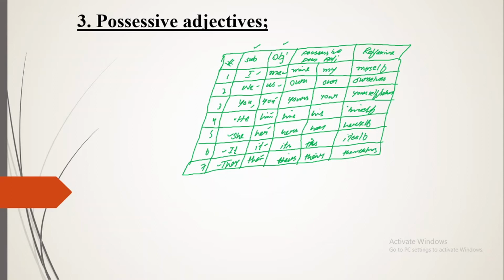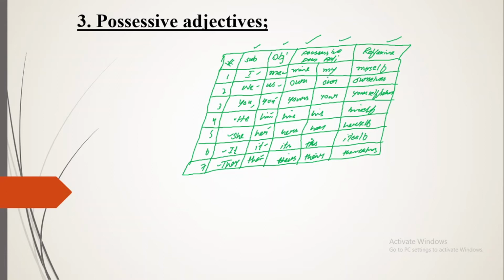So these are the cases of personal pronouns, if you remember. Subjective and objective cases we discussed, possessive pronoun cases as well, and reflexive cases we have already discussed in pronouns. These all we have done, and today's remaining topic is possessive adjectives.